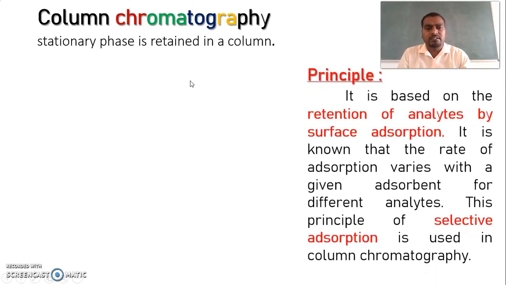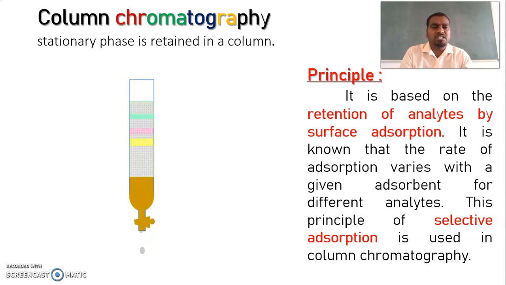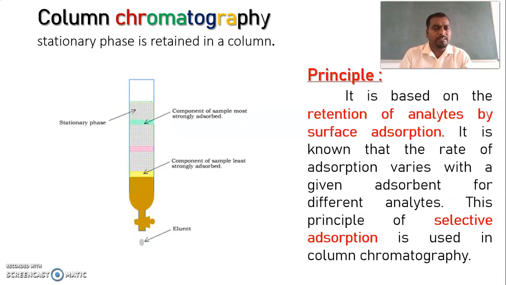The basic principle of column chromatography is also called adsorption chromatography, because the mechanism of separation is adsorption, and the stationary phase used in the column is called the adsorbent. It adsorbs the substances, the analytes, on it.